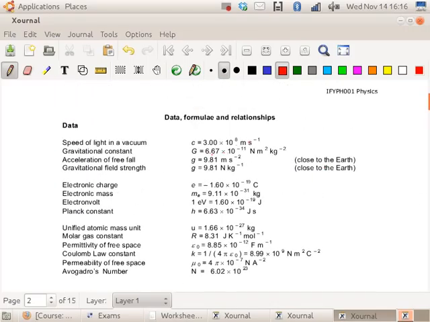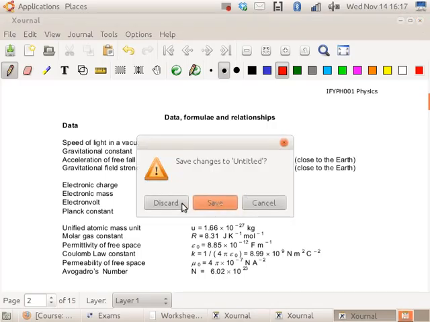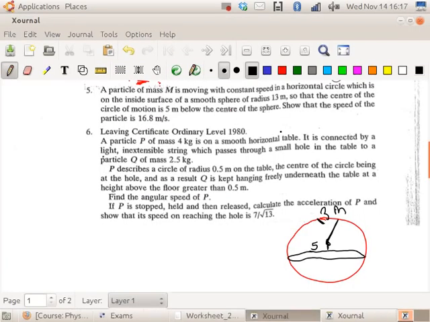There it is, 6.67. And they give you the small g as well. And look, you have the electron mass. You have all your values here. But there's no formula, right?